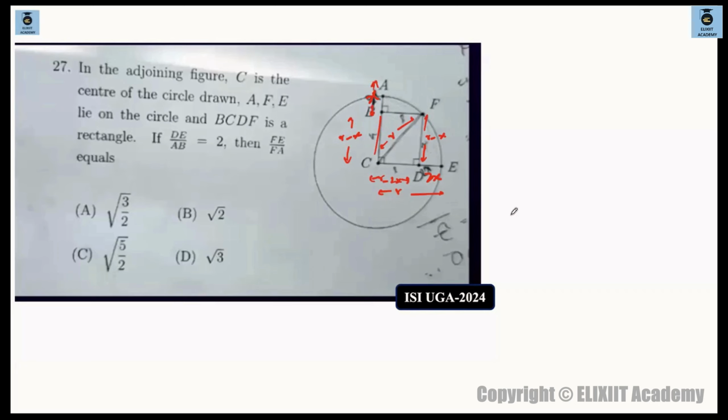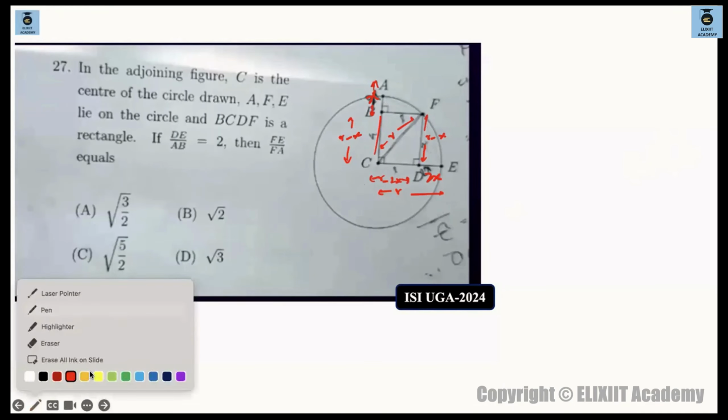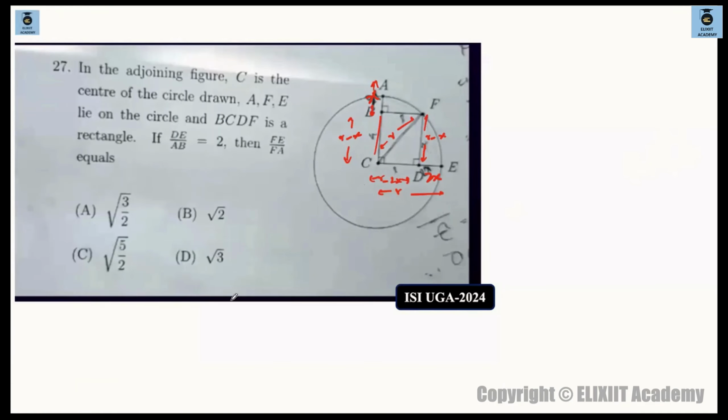So then we can simply find some relations in terms of R and x. One relation we can definitely find from here because this is a right angle triangle, so we can use the Pythagoras theorem. Here we have R, R minus x and R minus 2x.